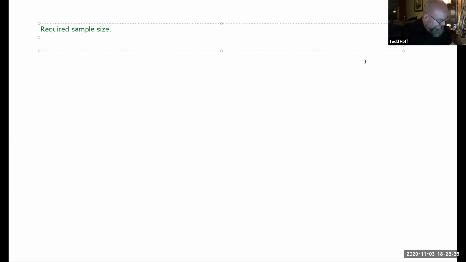If I rearrange it, it becomes this: n equals p times 1 minus p times our z critical divided by the bound on our error, where that combination of z critical and the bound are squared.